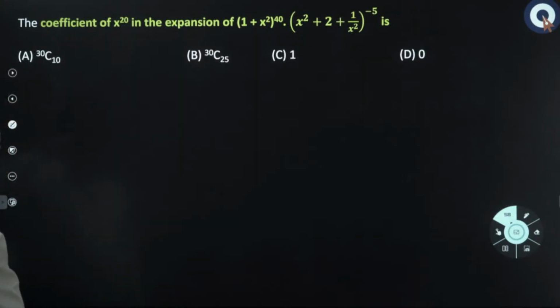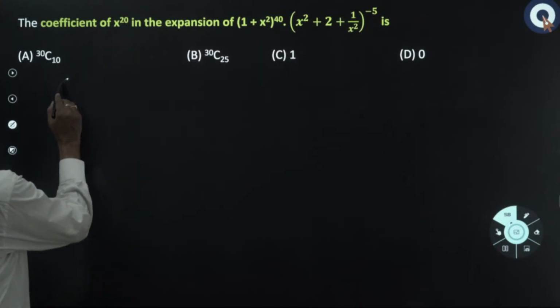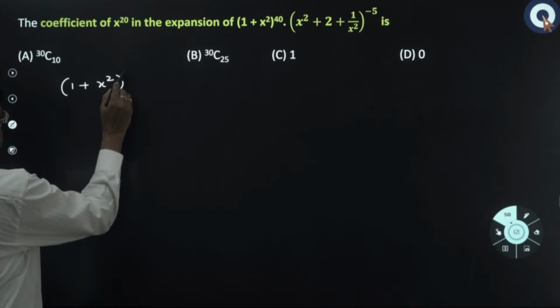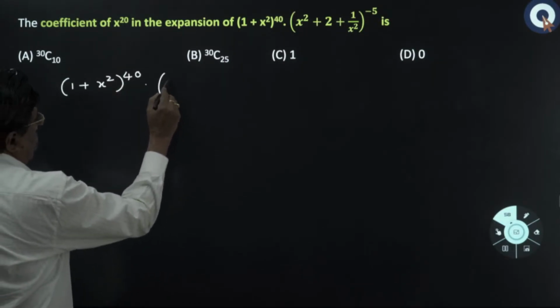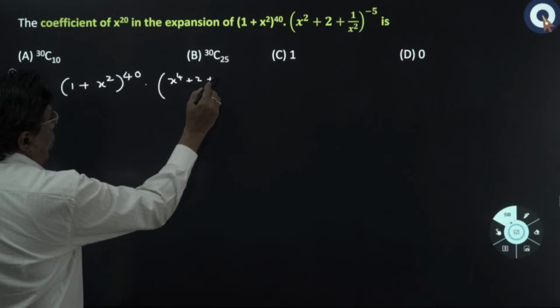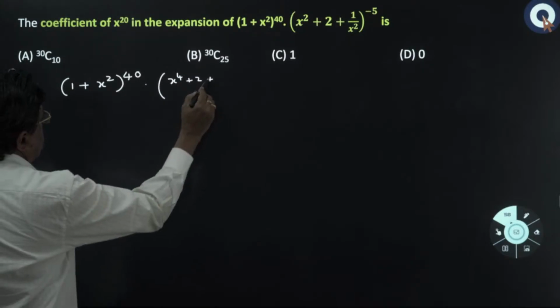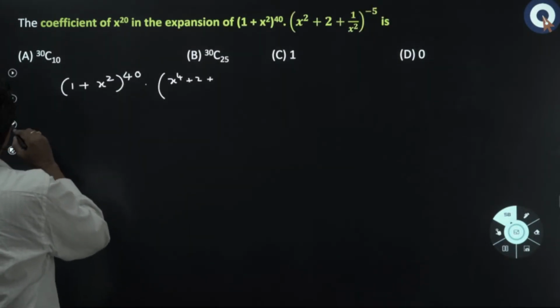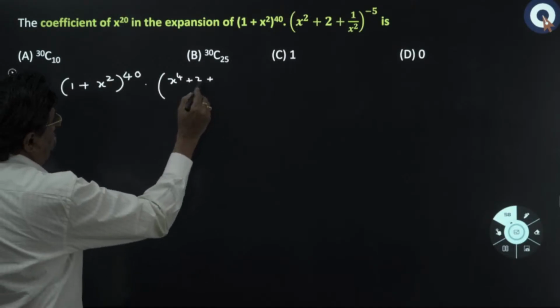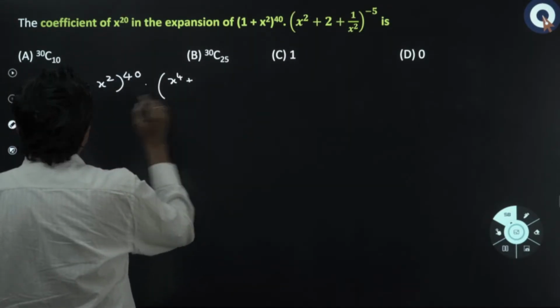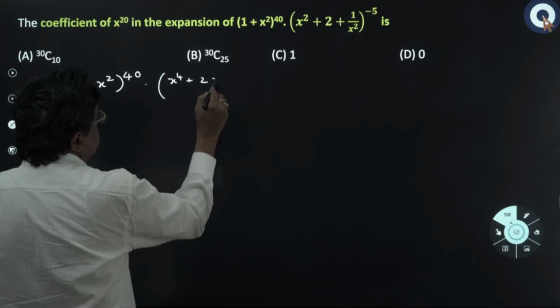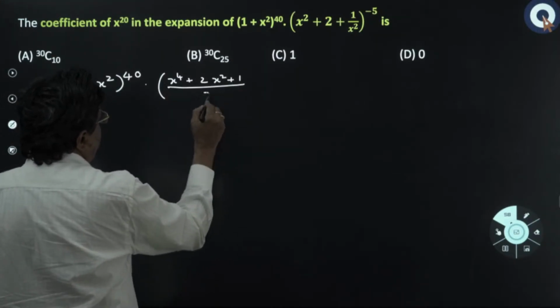The coefficient of x power 20 in the expansion of (1 plus x square) into (x square plus 2 plus 1 by x square) whole power minus 5. So this is (1 plus x square) whole power 40 into (x power 4 plus 2x square plus 1) by x square whole power minus 5.